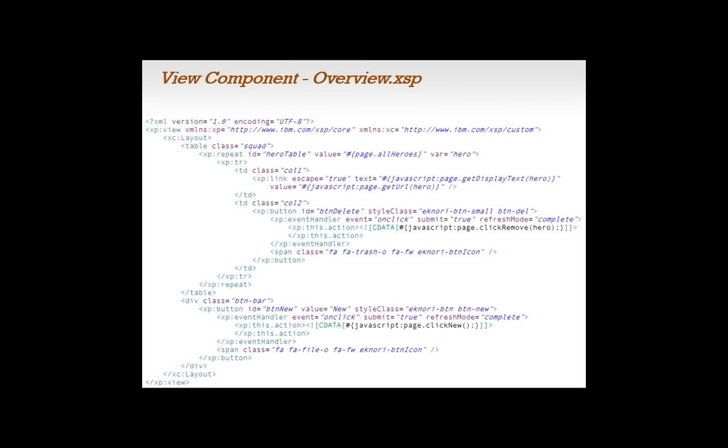So the overview bean is put into the page, and this page object has, for example, the method of getting all heroes, and this works as an input for the repeat control, and then it displays all the heroes that are currently in the database in the overview page.